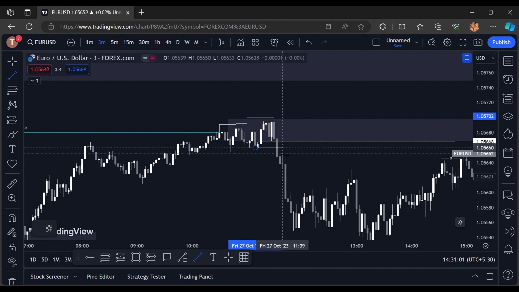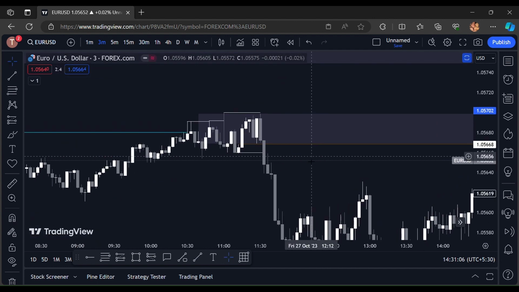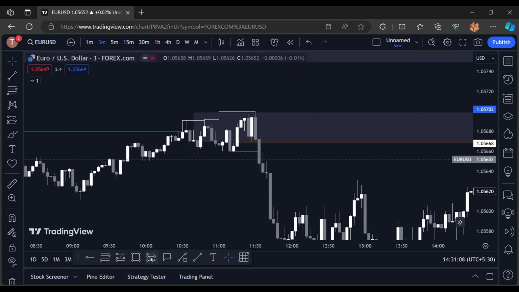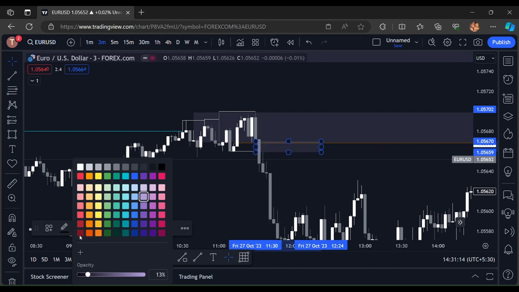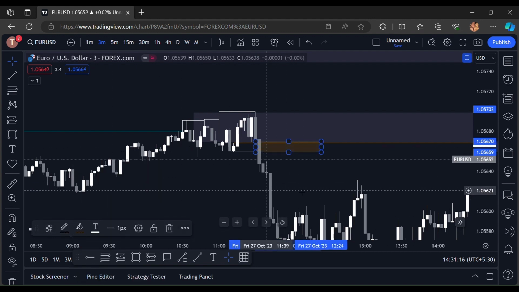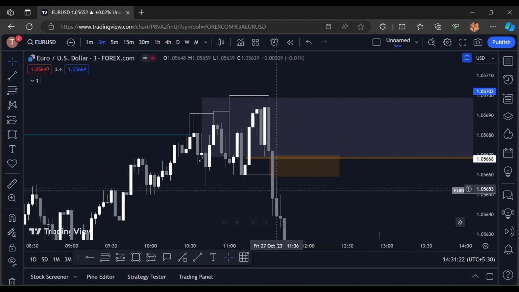It was a crucial breakdown for me, since there was an FVG over this zone. And not only an FVG, the price had left a BPR over this area.